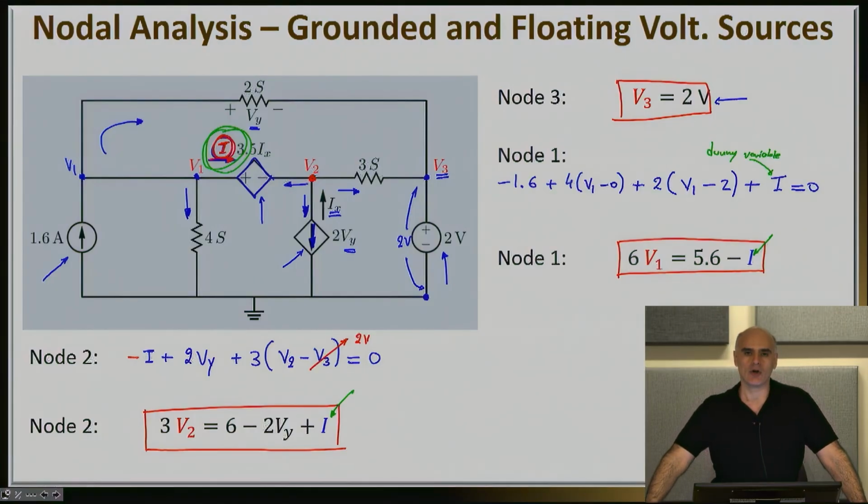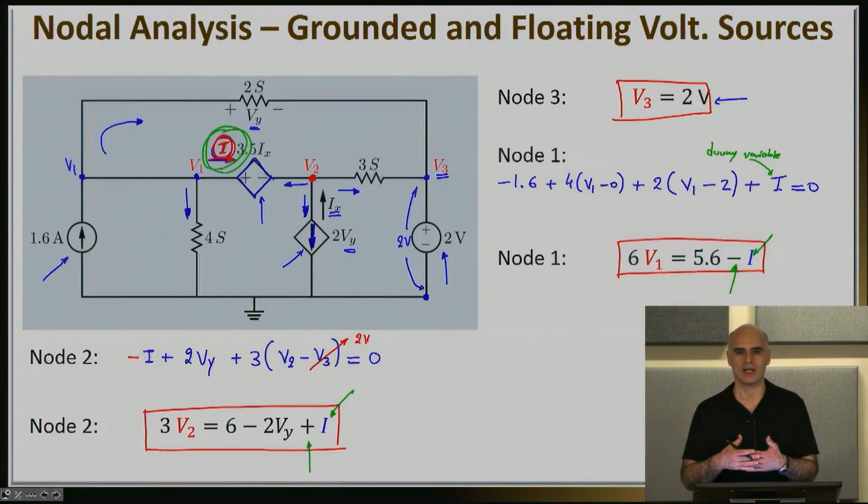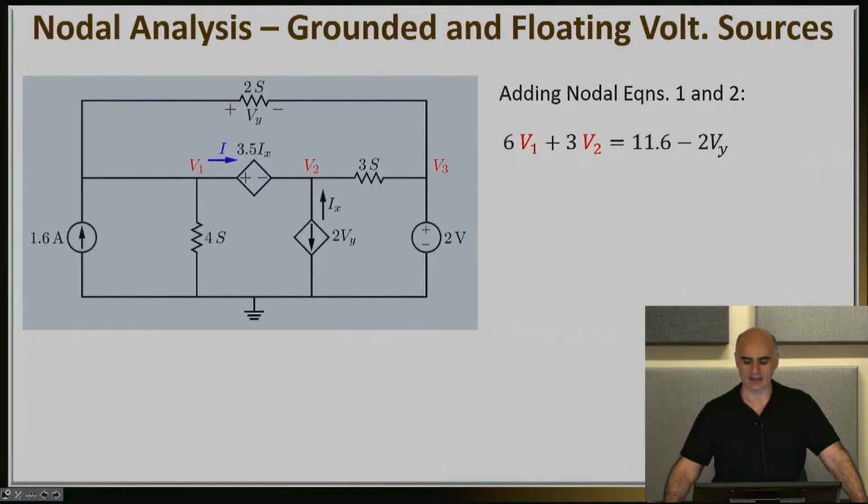The way that we normally deal with this is actually by adding up the 2 equations. You will find out that one equation has the dummy variable with a negative, the other equation has it with a plus. So adding the two together will actually get rid of my dummy variable. And that's exactly what we normally do. So adding nodal equations 1 and 2 together will give me this new equation right here.